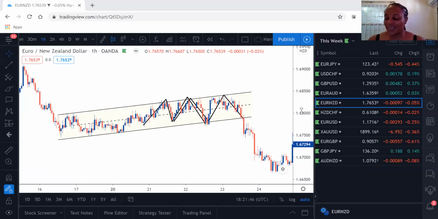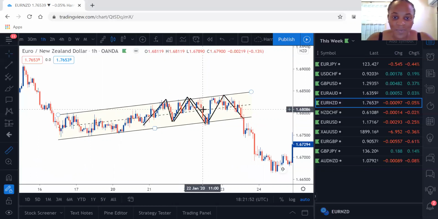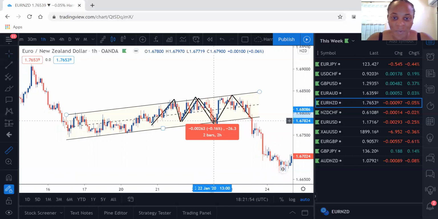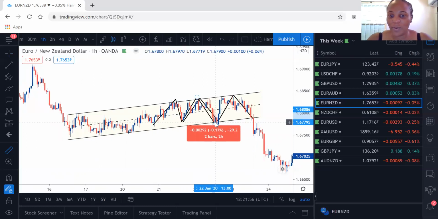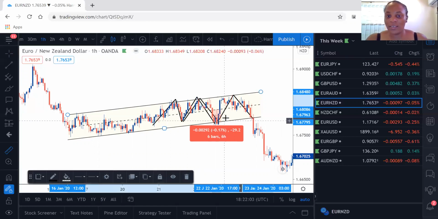Proper risk management, because for me, you know how I feel about 20 pips in profit, or even when I get the solid break of my trend line, because I'm going to continue to hold it as it continues down.